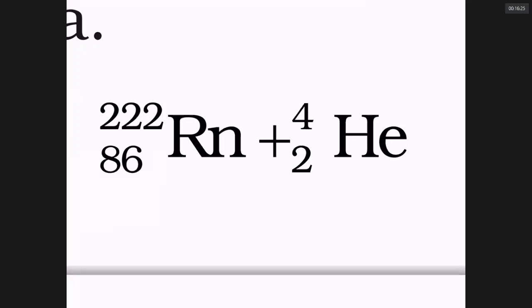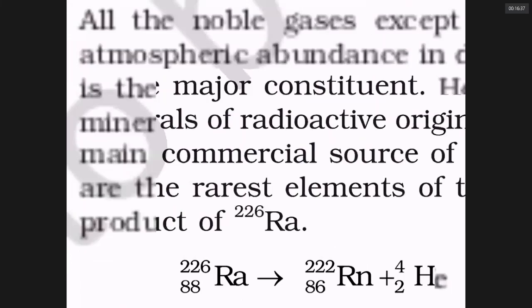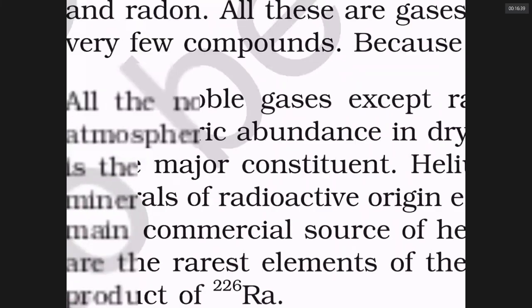The lowest amount by volume in air is xenon. But more or less they are there. In air, the most available noble gas is argon. So these are the noble gases.